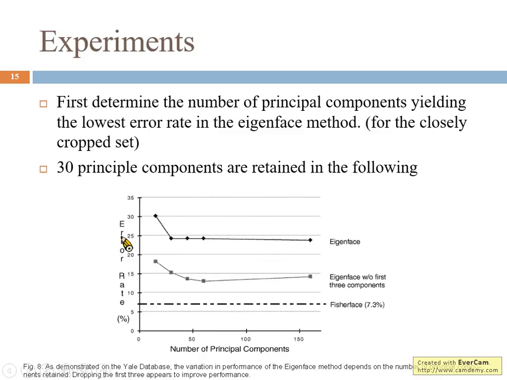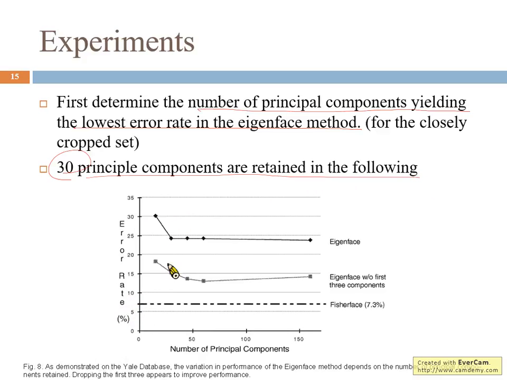To compare the performance of eigenface and Fisherface, they first determined the number of principal components using the lowest error rate in the eigenface method. So we compare with the best eigenface result. Finally, they found that 30 principal components are retained in the following experiment.